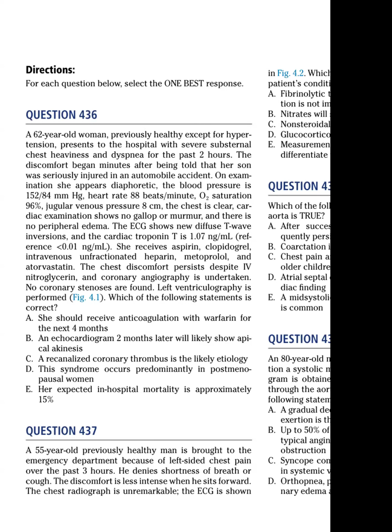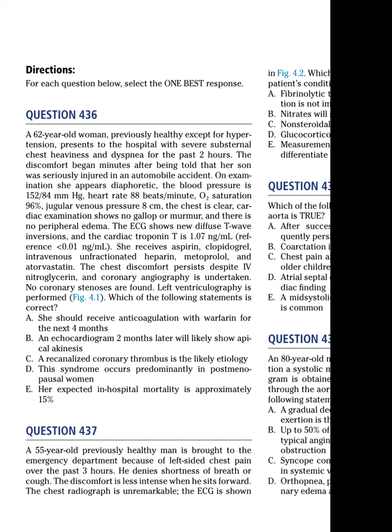Peripheral edema, the ECG shows no diffuse T wave inversions, and cardiac troponin T is 1.07 nanogram per ml. Reference range is less than 0.1 nanogram per ml. She receives aspirin, clopidogrel, intravenous unfractionated heparin, metoprolol, and atorvastatin.